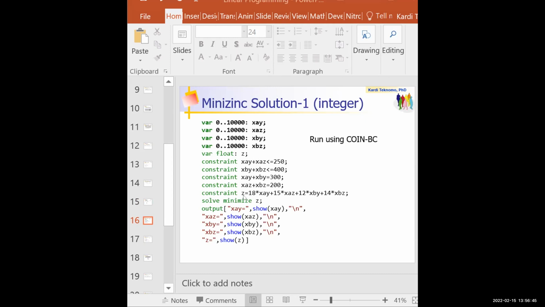So this is the objective function, right? Z equals 18 plus something, something. And then you solve to minimize Z, and then what do you want to show?